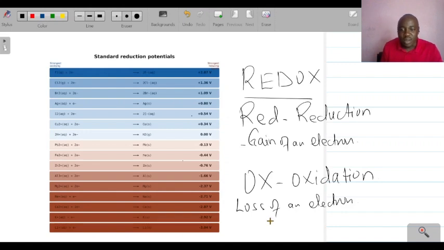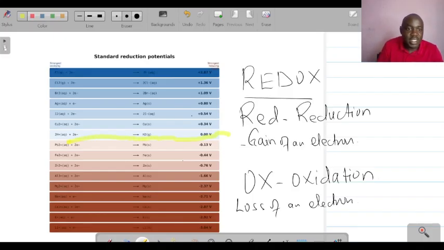So now with those two terms in mind, let us focus on the table. We can see that on this table, we have some positive values and some negative values. But there's something I want us to focus on. We have hydrogen, and if you are keen, I want to highlight it. So hydrogen, there it is.